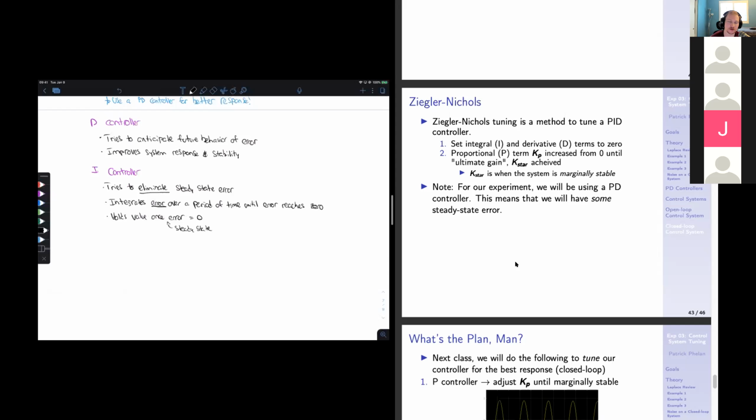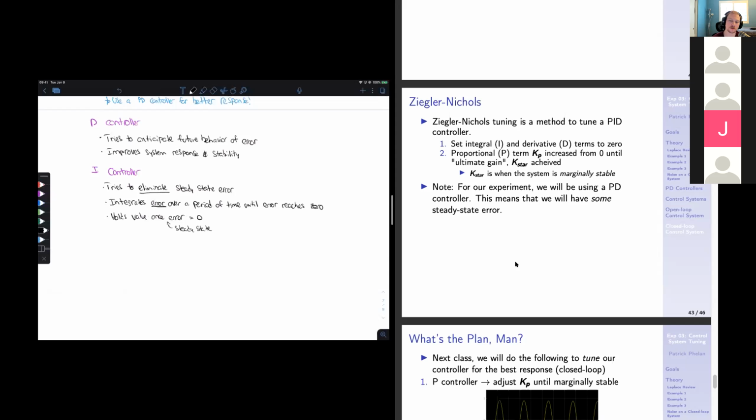Okay, so basically, let's imagine that we're using a PID controller here. We're going to set our integral term and our derivative term to 0. So from the get-go, they're not doing anything; we're basically turning them off. Then we take our proportional gain and start that at 0, technically.